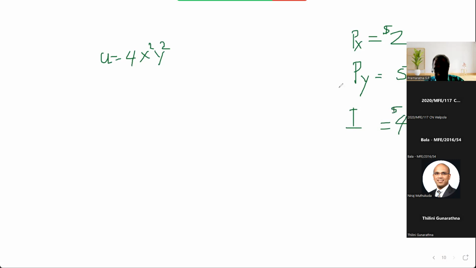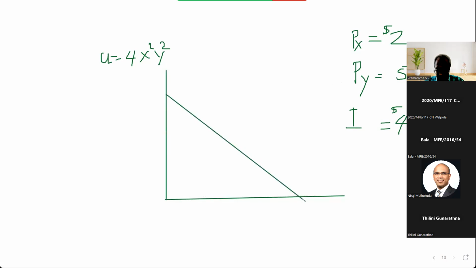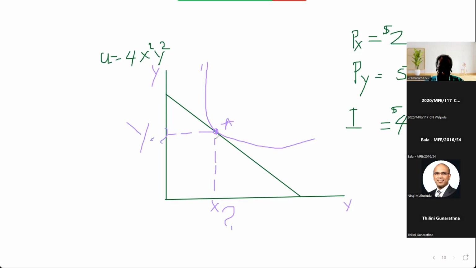With this situation, you find, as a consumer, the best bundle. How many units to buy from X, and how many units to buy from Y. That is the most optimal, the best bundle the consumer can buy given the budget.